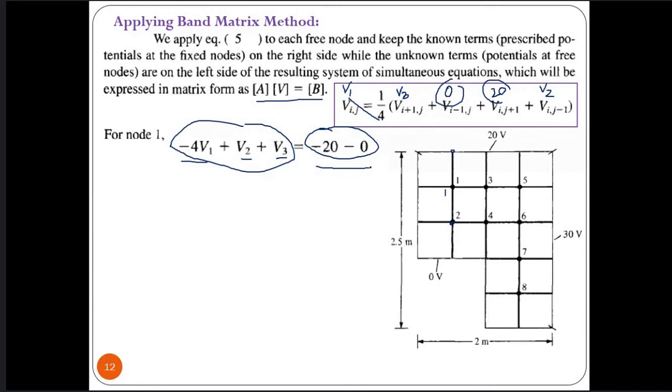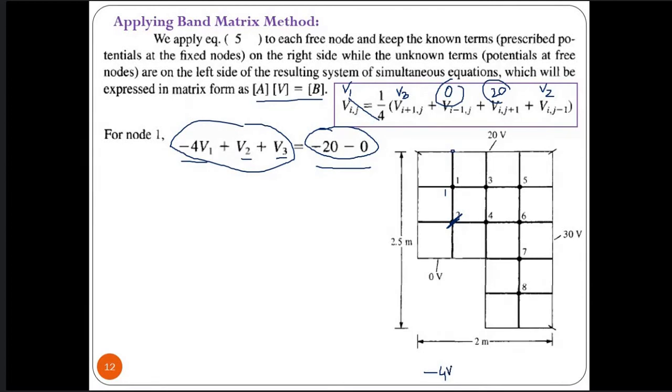What will be the equation for node 2? Sir, minus 4 V2. Minus 4 V2, okay.